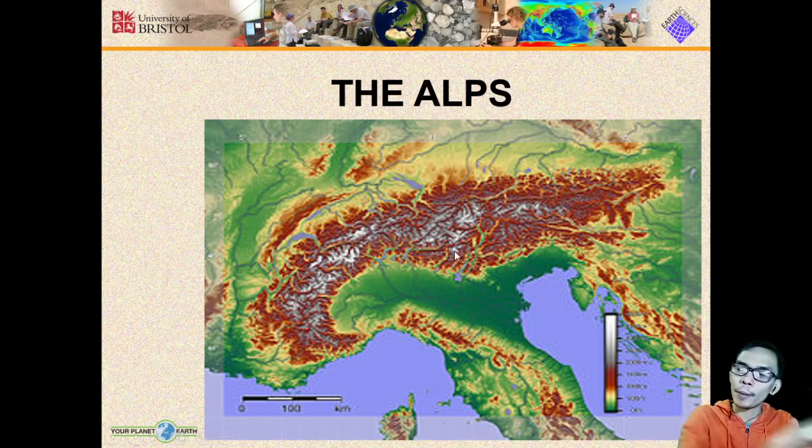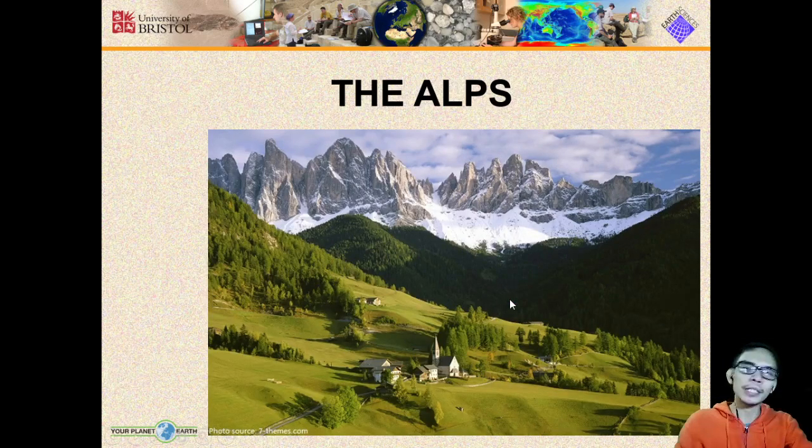Probably in the future, several million years to come, the Mediterranean Sea will be closed out due to this collision. So next one, that is the Alpine mountain ranges, which is located in Switzerland.